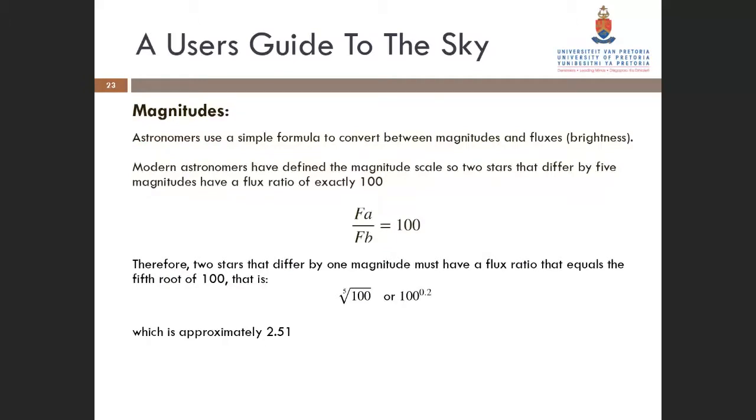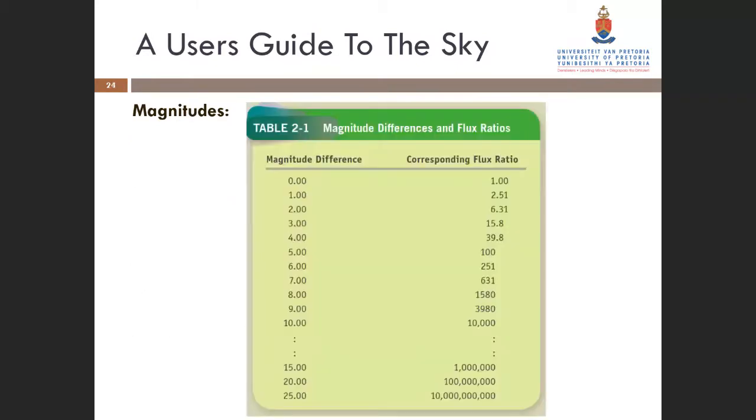Modern astronomers have defined the magnitude scale so that two stars that differ by 5 magnitudes differ in flux by 100 times. So it's the fifth root of 100, which gives 2.51. So the 2.5 is supposed to be 2.51. It's just a little small mistake in the textbook.